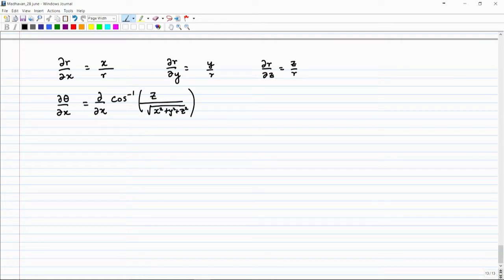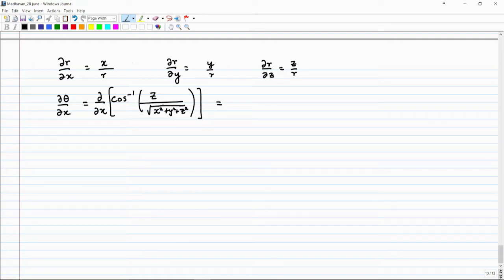I wanted to take a derivative with respect to x keeping y and z fixed. So, therefore, I had to write it in this form. So this is what you will get for d theta by dx.